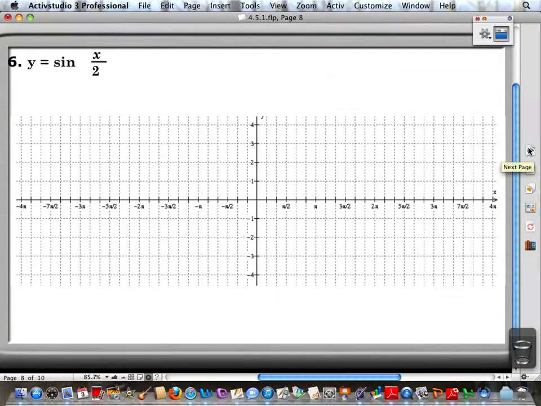Alright, so take a minute, pause the video, and see if you can graph the sine of x over 2. And then pick it up and we'll finish going through it. Okay? So, A is 1, B is 1/2. So my period is 2 pi divided by 1/2, which is 4 pi.